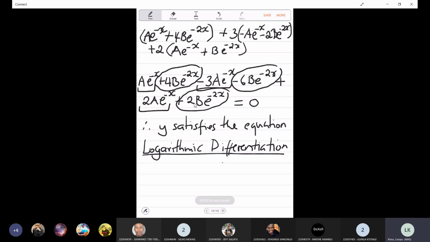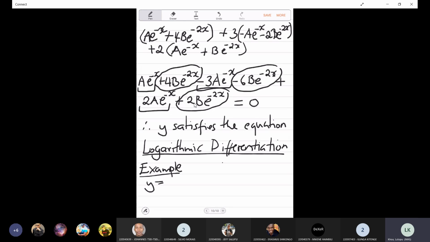So with logarithmic differentiation, usually we use this when what we have, maybe on one side or both sides, are fractions, for example, or exponents that are rather tricky to differentiate, so introducing a logarithm makes them easier to differentiate. So let's look at the first example that we have.